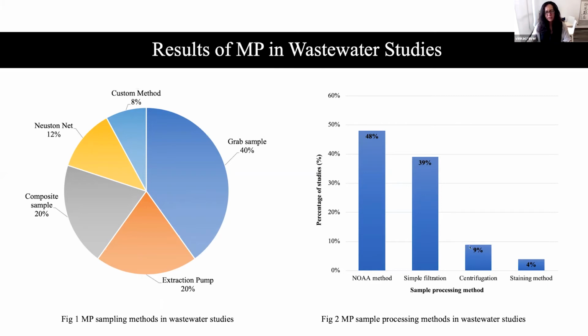We also saw discrepancies in how samples were separated or treated. Even though the NOAA method, which you may know if you work on microplastics, was the most commonly used, several studies used just simple filtration, without the extensive pre-treatment that is usually required to isolate the microplastics.